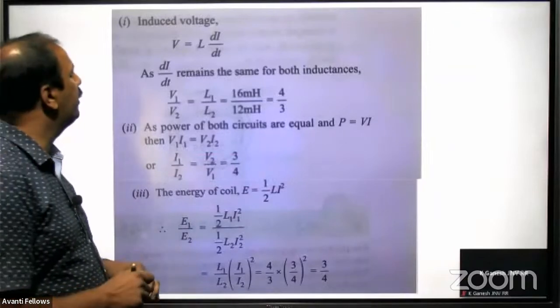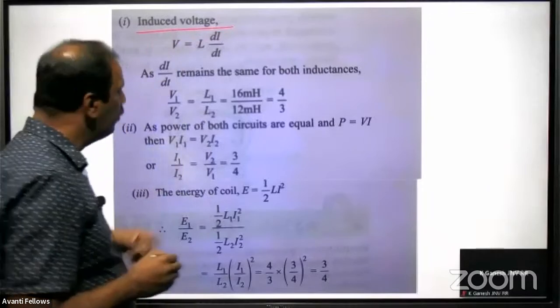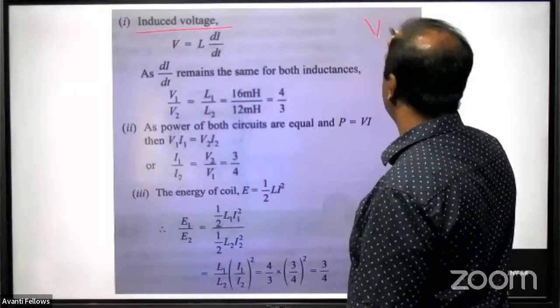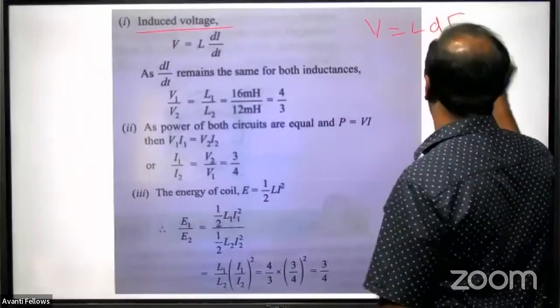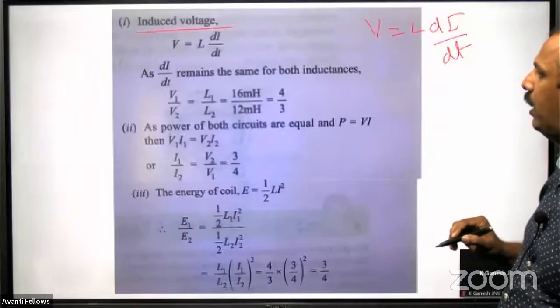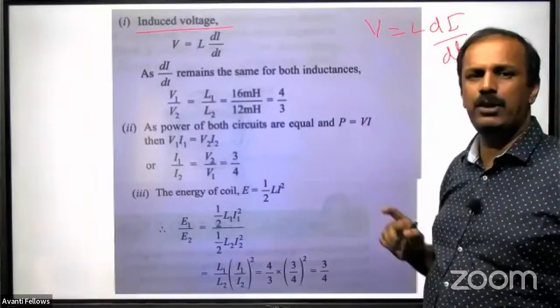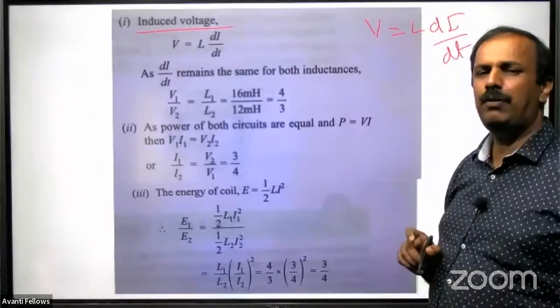First we'll think about the induced voltage. V is equal to L di by dt. The minus sign is not given, no problem. We are not finding the exact value because the question asks for the ratio only.